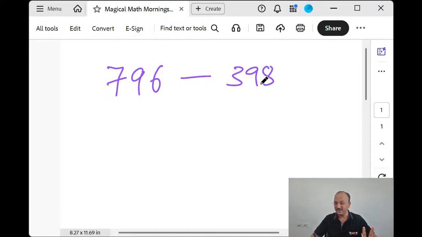Here I have reversed it. I gave it 2 less than the nearest 100. So what do you have to do? You have to add 2. You add 2, it will become 400. It will become a round figure, correct? You add 2 here and subtract 400. Yes, perfect. It will become 798 minus 400, which means the answer will be 398.